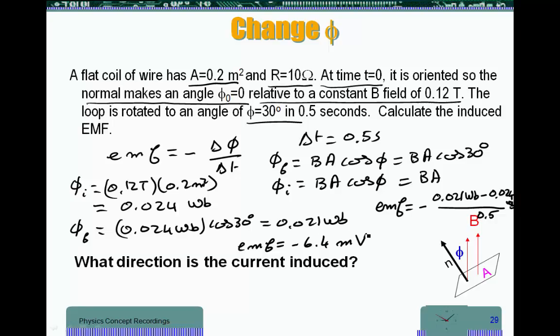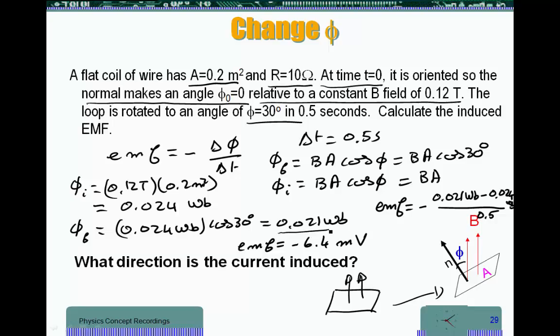Now, what is the direction of the induced current? Okay, so what happened here? If I redraw the initial condition, this was my loop and the magnetic field was perpendicular to it. Final condition is what's shown here. That's resulting in a smaller magnetic flux, as you notice here from your equations.